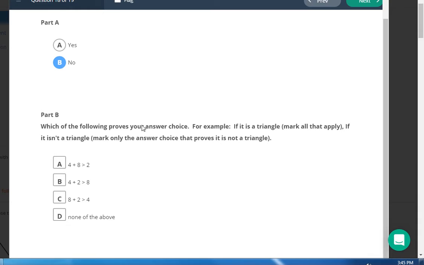Okay, the next one, which part proves it? And we would say that 4 plus 8 is greater than 2, of course, but that's not the reason. 4 plus 2 is greater than 8, or 8 plus 2 is greater than, I would say none of these is the reason.